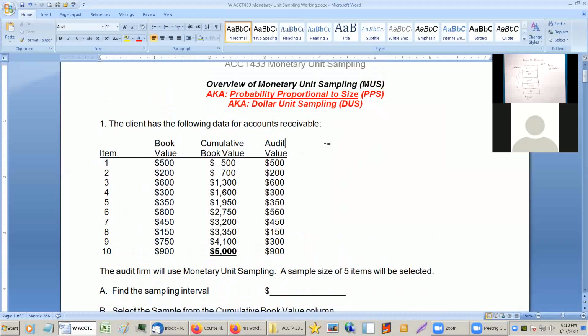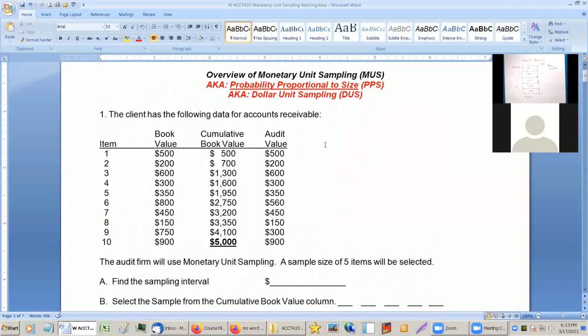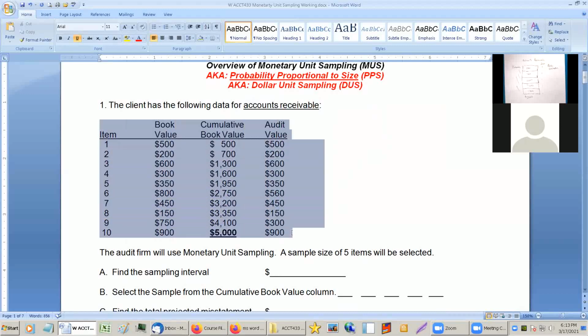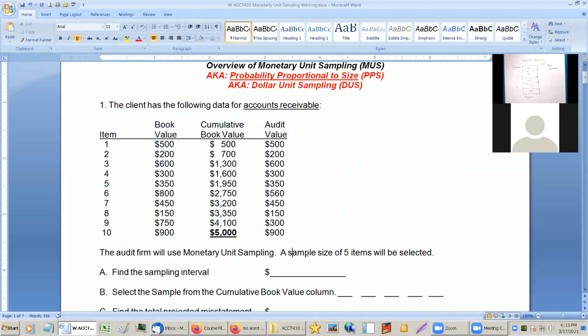Okay, so monetary unit sampling. This is the accounts receivable. Hey, I spelled it right. And we have these items in the accounts receivable. Kind of like I did in the data just now, we're going to take 5 items we selected.